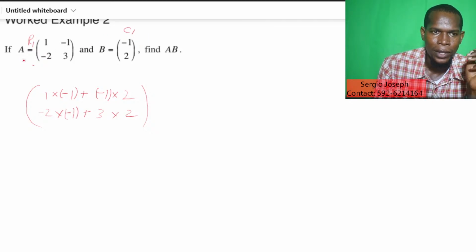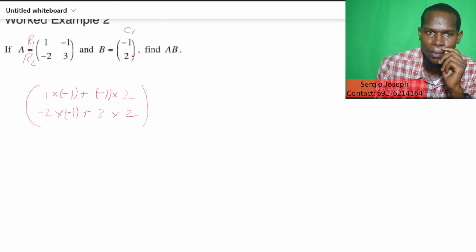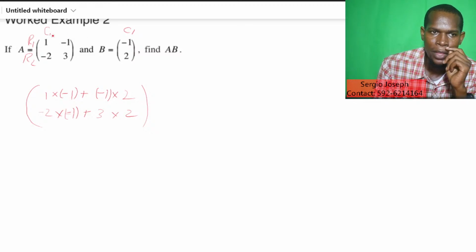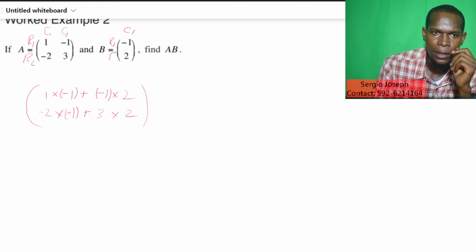Are we good there? Then we go to row 2 by column 1 again. Simple. And remember, we could multiply these two matrices because A has the same number of columns as B has rows. That's why we could multiply them.